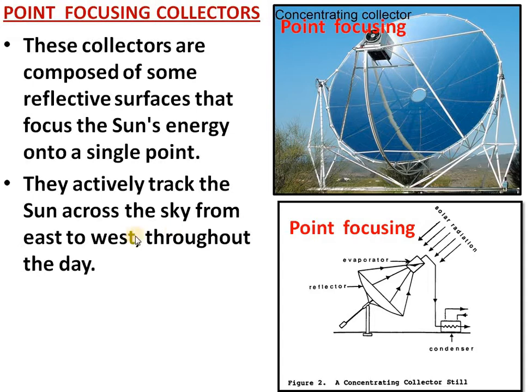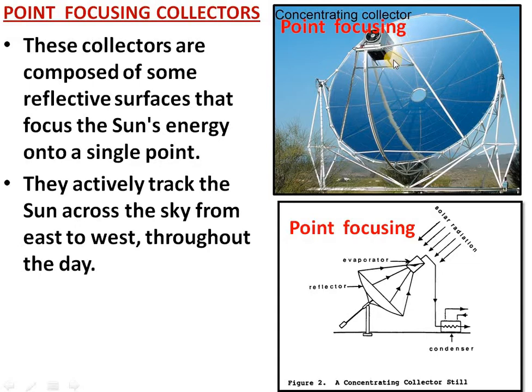And another important thing is that they actively track the sun. Actively tracking sun means morning sun rises at the east and at evening sun sets in at the west. So naturally sun is continuously dynamic, it is moving. So in order to get maximum light, this dish or reflector should also move accordingly.